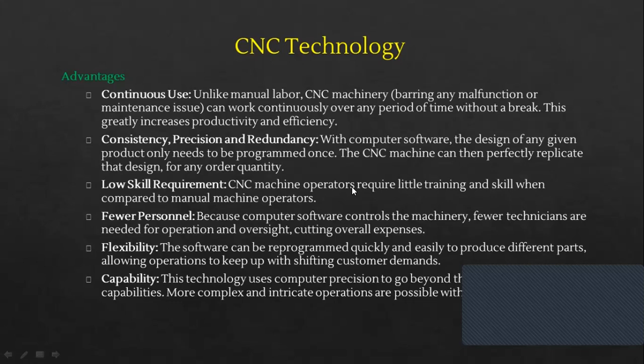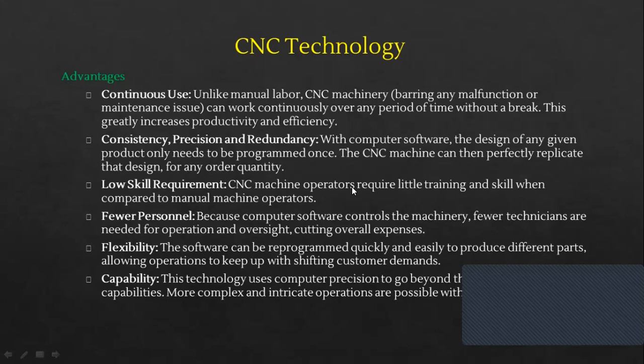So when there is a change in the product design, when a different product comes in, let's say one batch of 30 components, then another batch comes in, all that is required is to change the program, right? Reprogram it. That can be done quickly. So in that sense we can have flexibility.